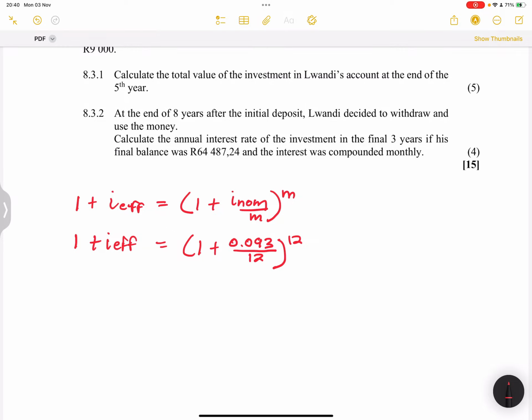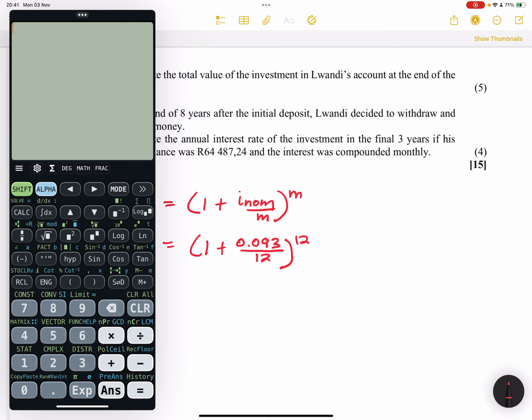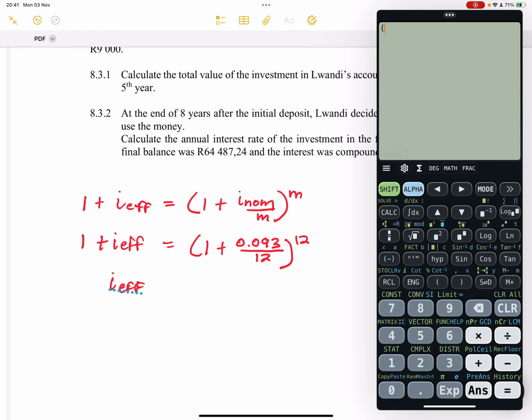All right, so now let's find out what the effective interest rate is. And I'm going to just whip out our calculator. 0.093 over 12, raised to the exponent 12. Let me just take the 1 to the other side, so that is minus 1.